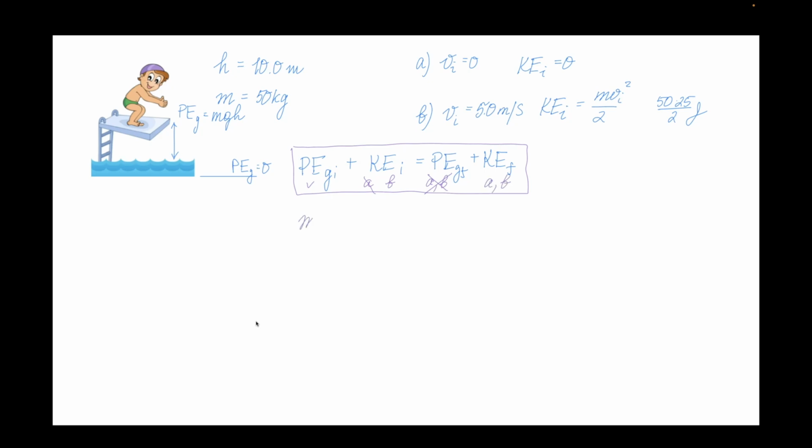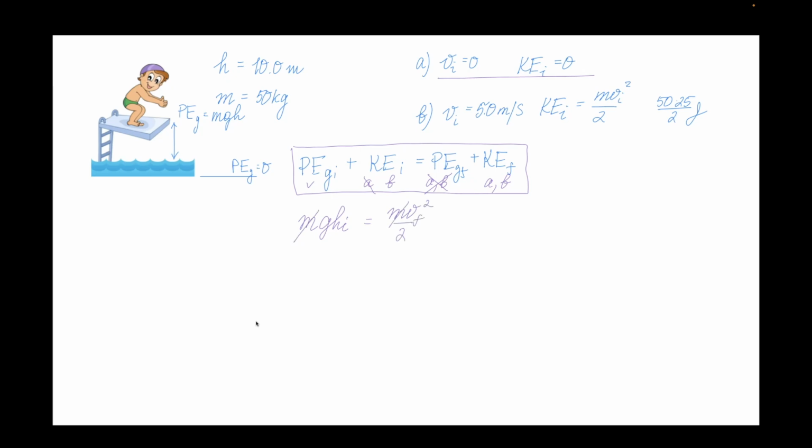Now I'm going to use the formula. For A, the initial kinetic energy is 0, so you can just drop it and say it's just gravitational energy initial. It would be equal to gravitational final, which is 0, plus mv squared final over 2.